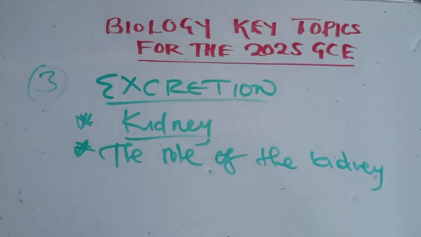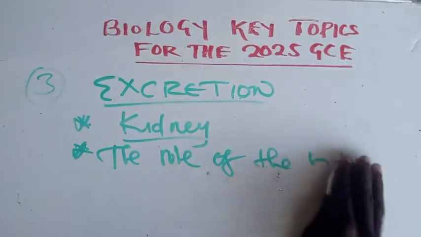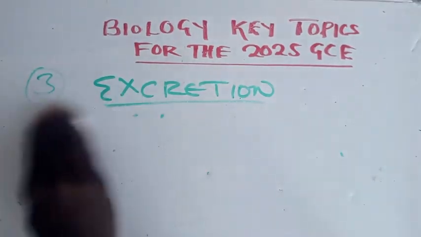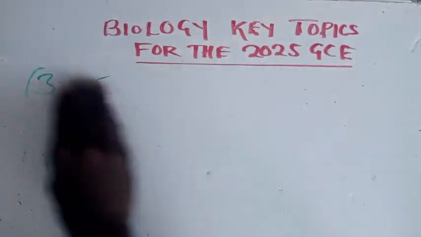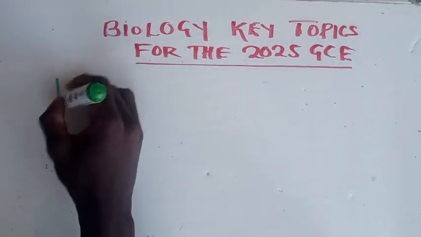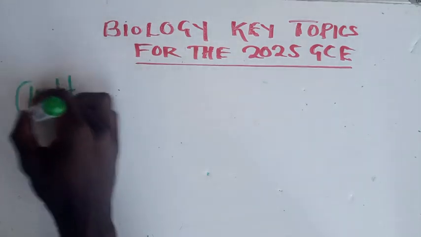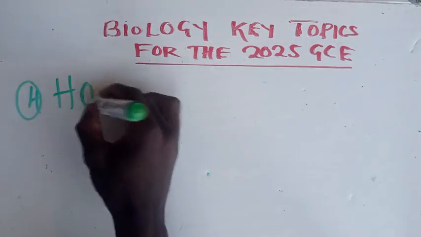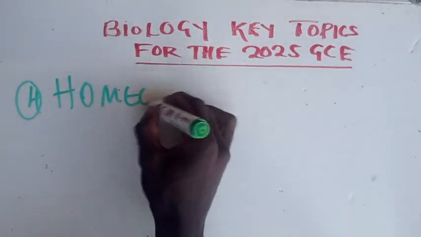All right. The last topic, which is very, very important, and I do not want you to forget to revise this topic. As you are preparing yourself, please, I'm repeating this, make sure you revise these topics. The last topic, which is of course the fourth one, is homeostasis.